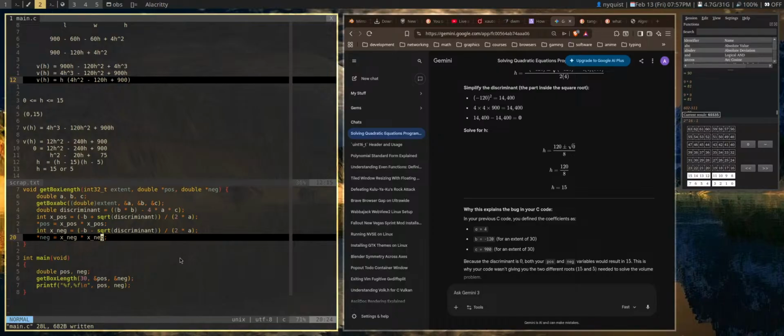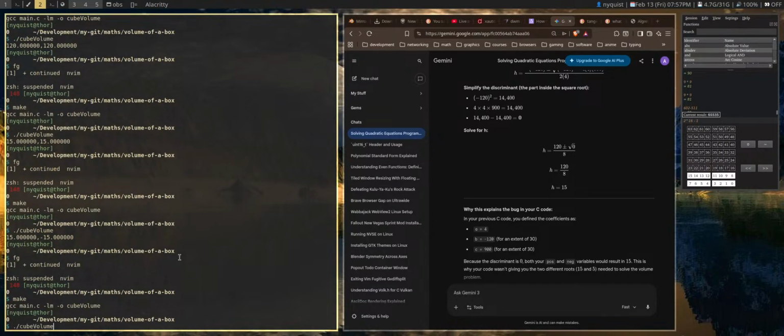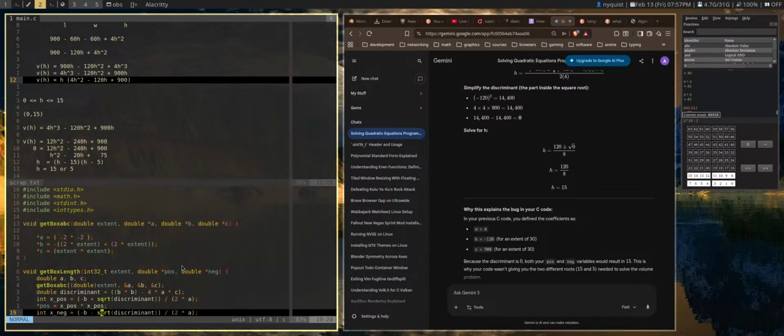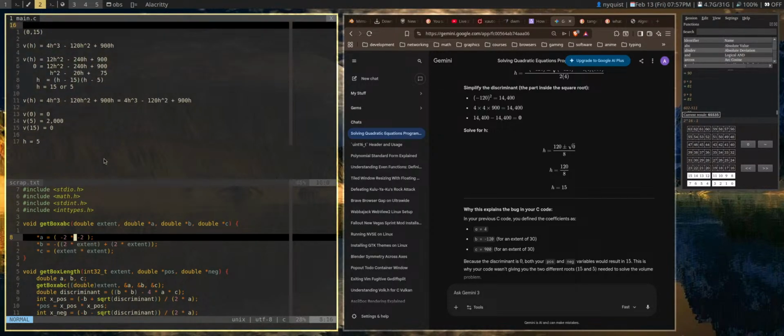So this should really give us the answer for v of h. Not the derivative, though, of v of h. But that's what we need, actually. So we really should do what it was kind of saying. So that sucks.